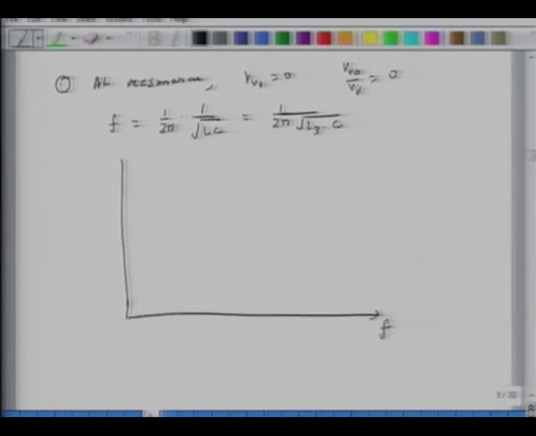Here I have omega, and here I have V naught over V. At low frequencies, this value is 1. At resonance, which is 1 over square root of L3 C, this value comes to 0.